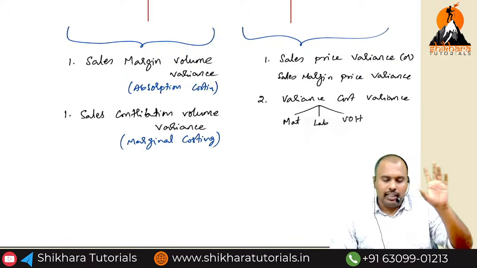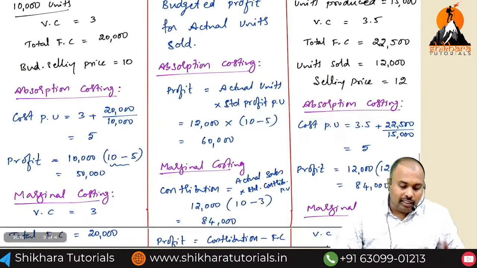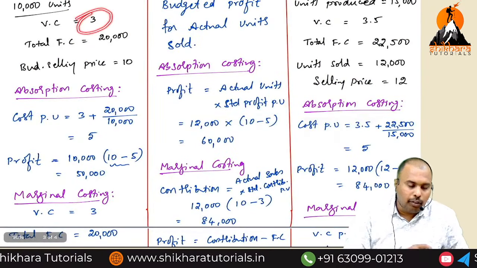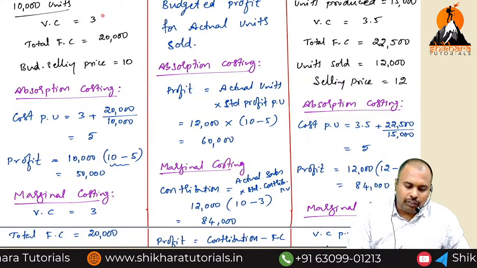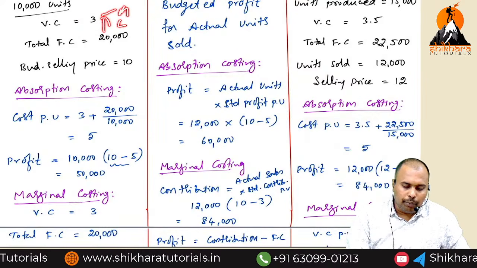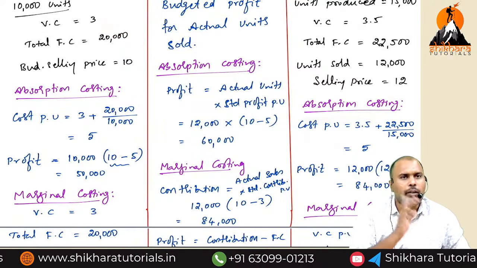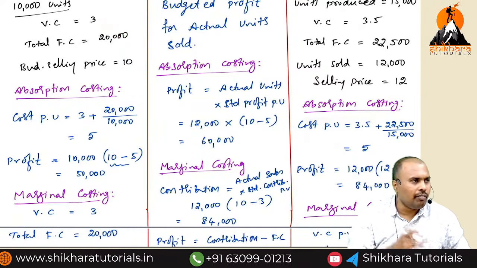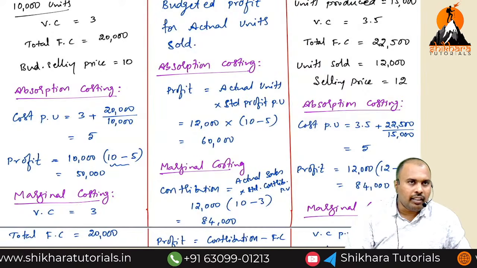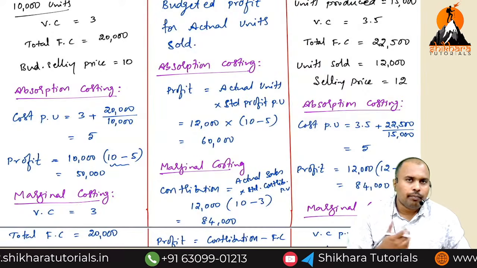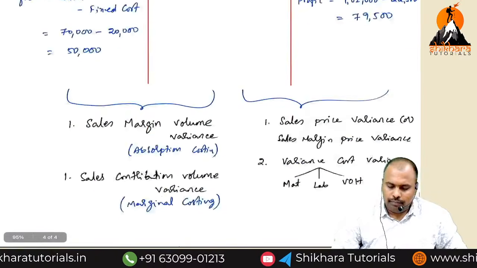I have taken it as just a variable cost, as this is an example, just variable cost per unit as 3. That variable cost will have material cost, labor cost, and variable overhead. Both will be there, right? So I have to take all the variable cost variances. It means I have to take material variances, labor cost variance, and variable overhead cost variance.